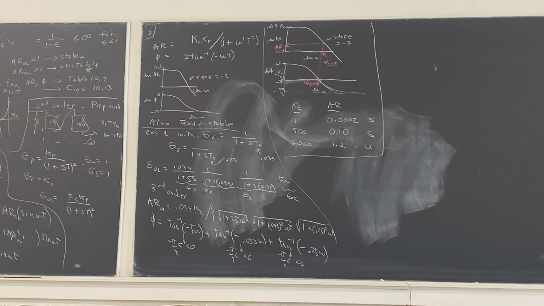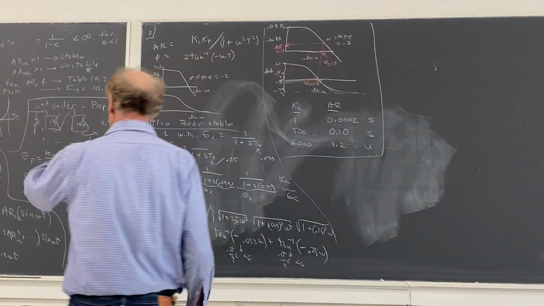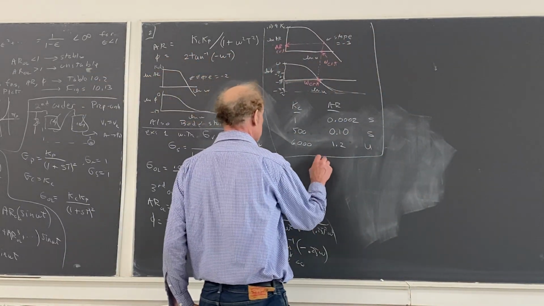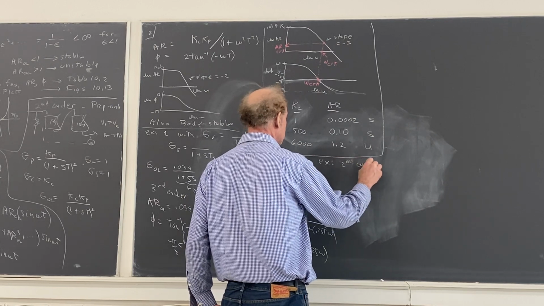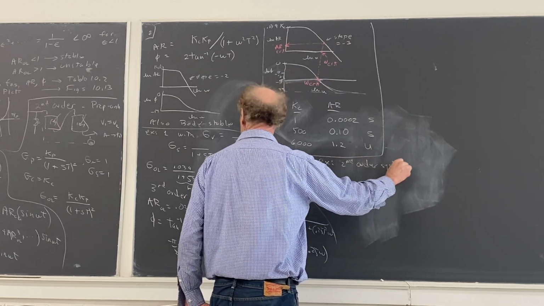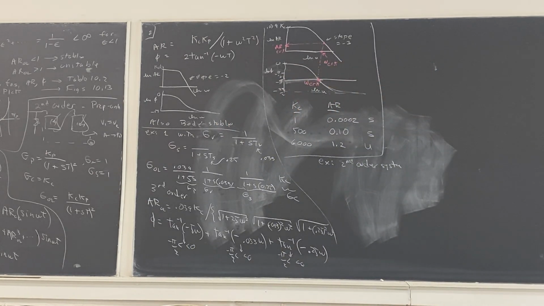So let's look at a situation where, again, I have a second order system. Same one as before, but I'm going to put some numbers in.